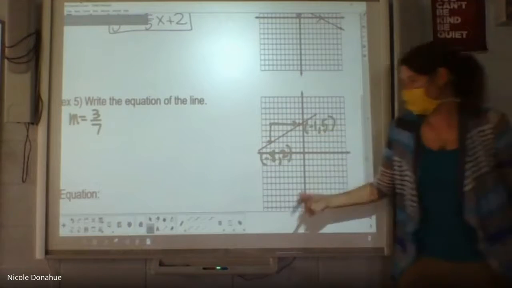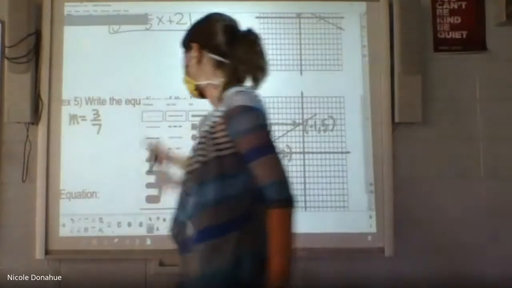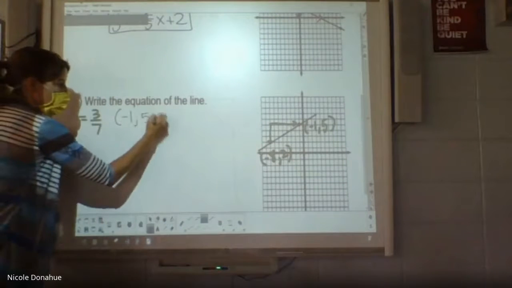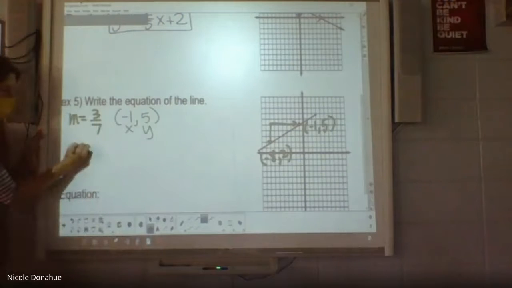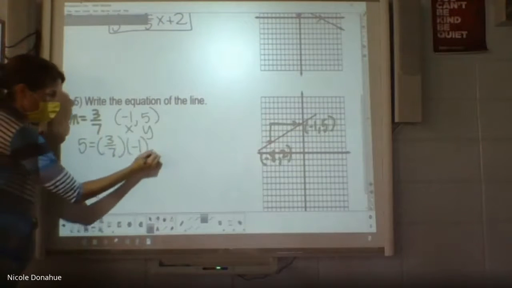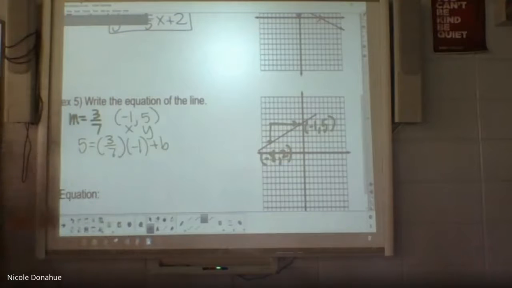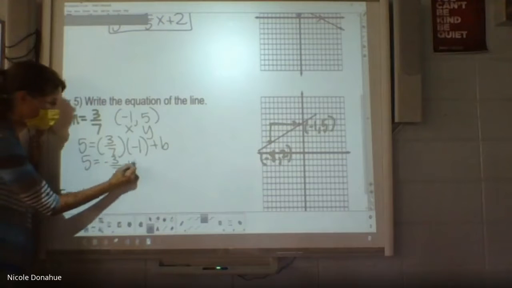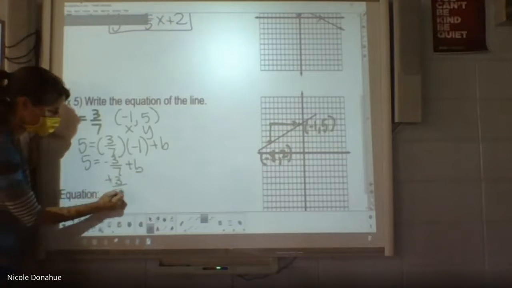So let's use maybe just the -1,5, the numbers are smaller. So we're going to use this point as our x and y. So I have to do 3/7 times -1, so obviously that's -3/7. So I'm going to add 3/7.